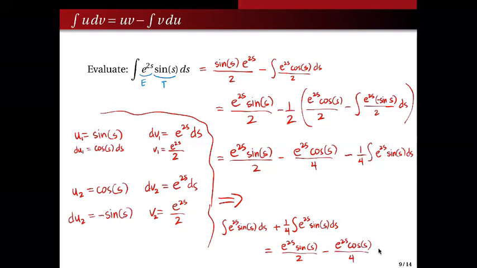I'm not putting the plus c yet because I'll have to simplify this, and I'll put the last coefficient here to the other side. That's the time I will do the plus c. Okay? So again, adjust.